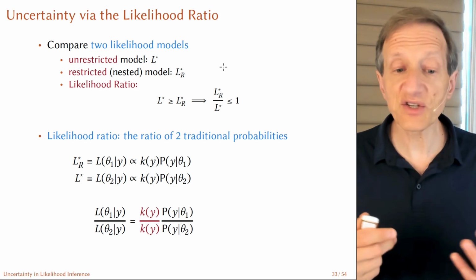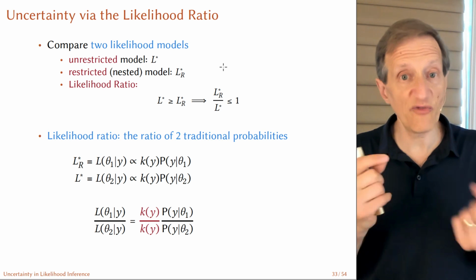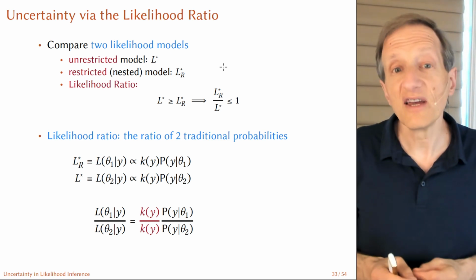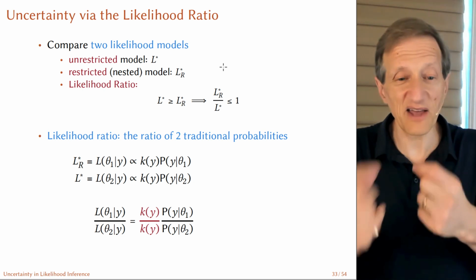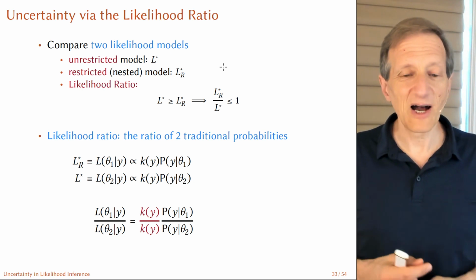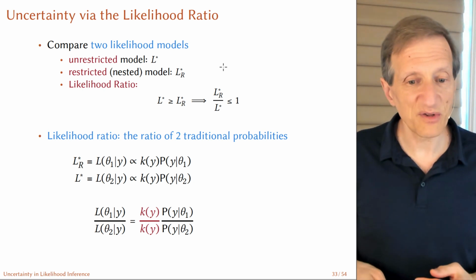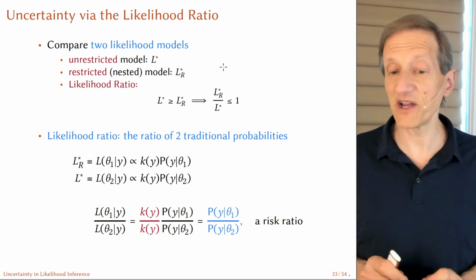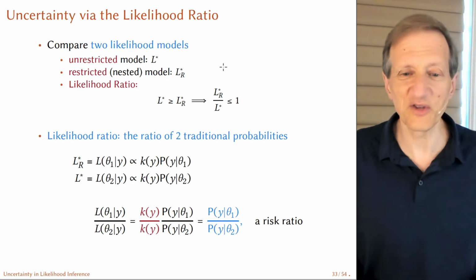So we can test the likelihood ratio for two values, like theta 1 and theta 2. Those are the ones we choose to test it for. One's the restricted value, one's the unrestricted value. You take the ratio of the two, the two k's cancel out, and we get a ratio of these two probabilities.